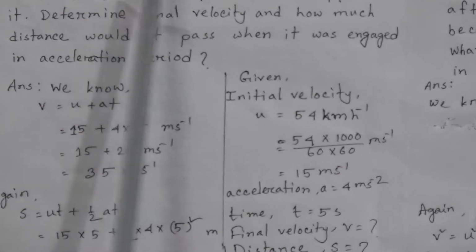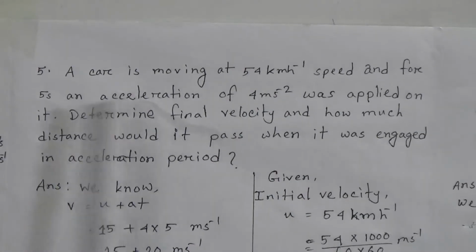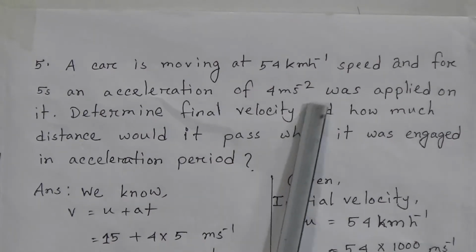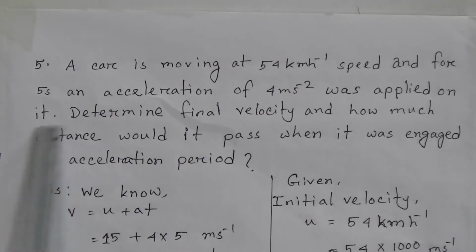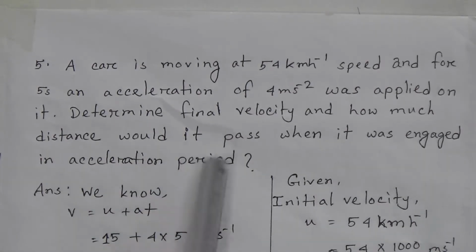A car is moving at 54 km per hour speed and for 5 seconds an acceleration of 4 meter per second square was applied on it. Determine the final velocity and how much distance it would pass during the acceleration period.